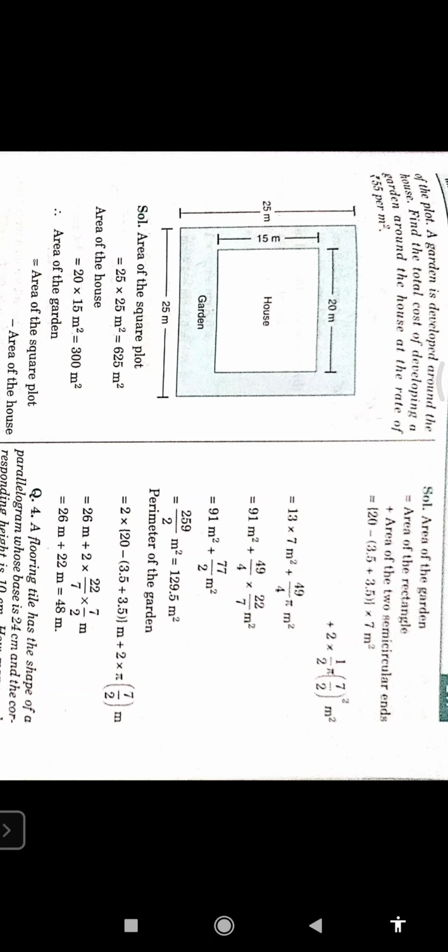Now 20 minus 3.5 plus 3.5, you will obtain 13. 13 2s are 26. Plus 2 multiply 22 upon 7 multiply 7 upon 2. 7 7 will be cut, 2 2 will be cut, only 22 remains. 26 plus 22, you will obtain 48 meter.